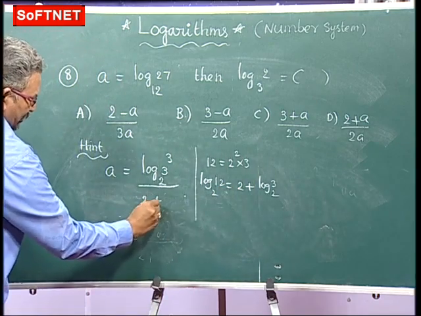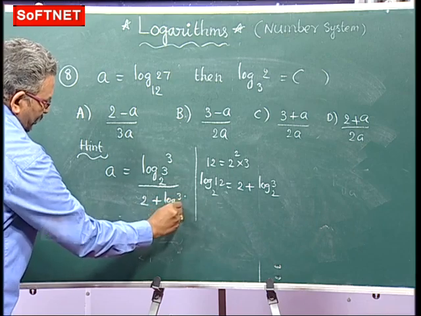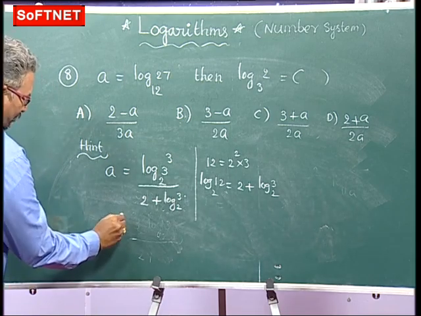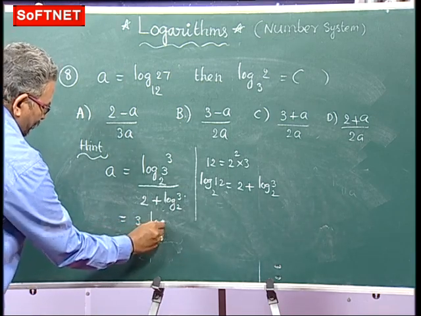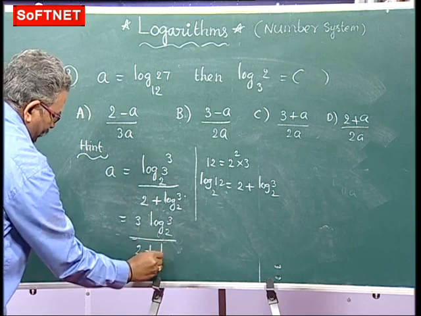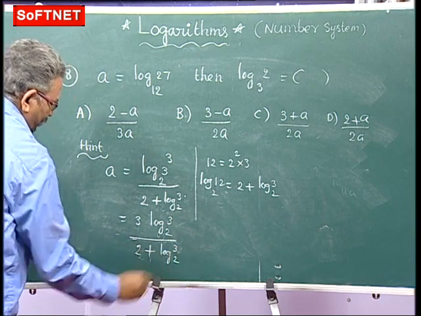Now this is 3 times log 3 base 2 by 2 plus log 3 base 2.